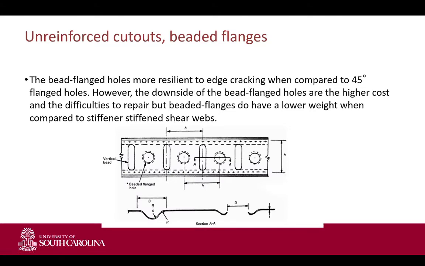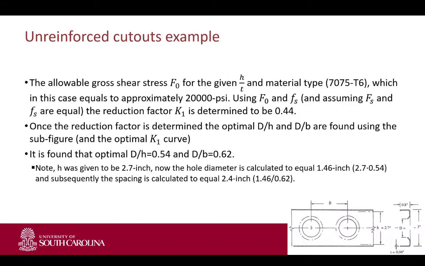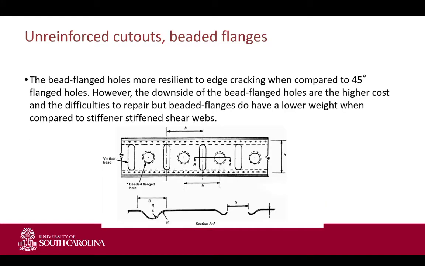Again, going back to the reinforcements, we discussed unreinforced cutouts, where they basically just bent the flanges. We can also have beaded flanges, which basically has a curvature to it, as you can see here.